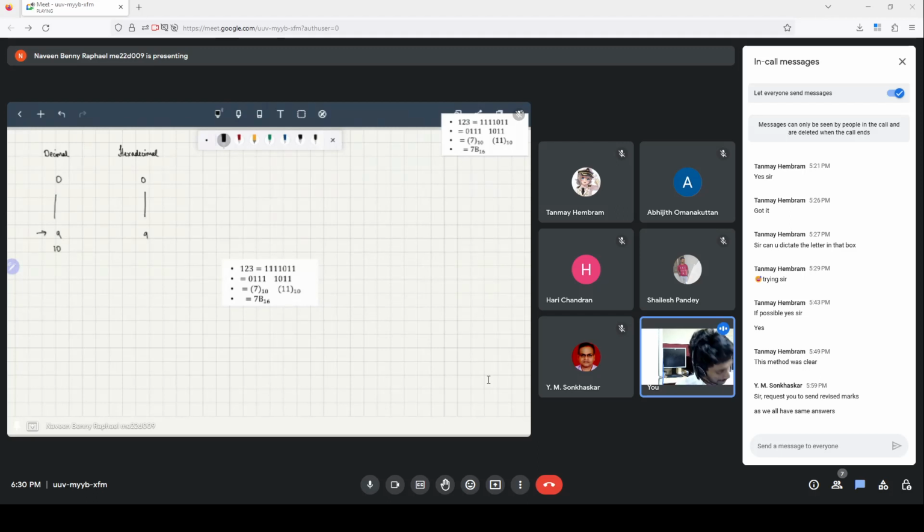Then 10 in decimal will be A in hexadecimal, 11 in decimal will be B in hexadecimal, and so on. That is why the 11 is a B.